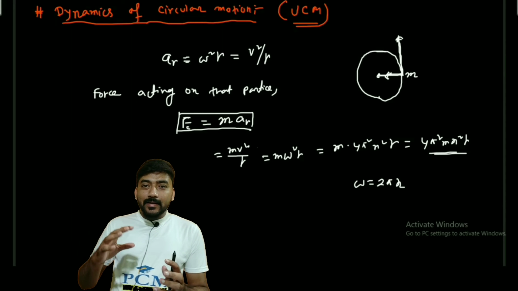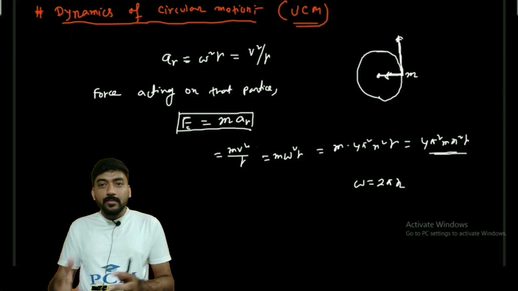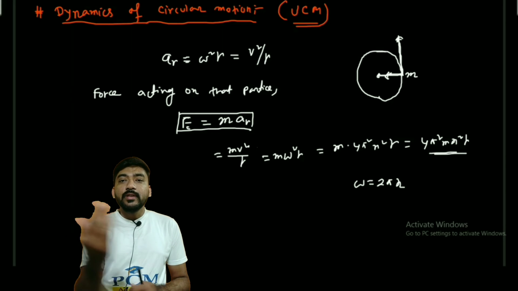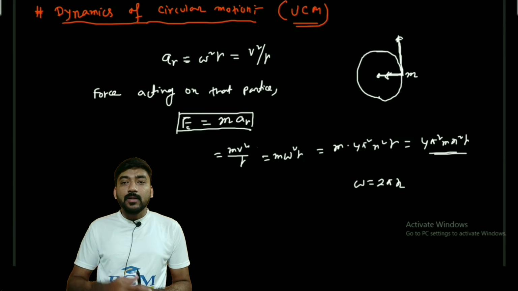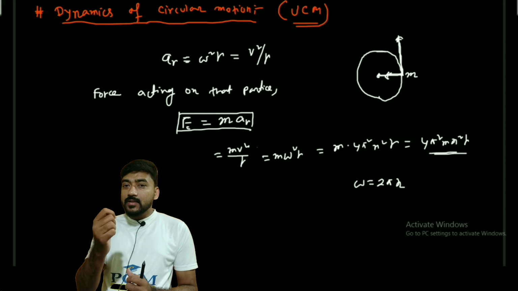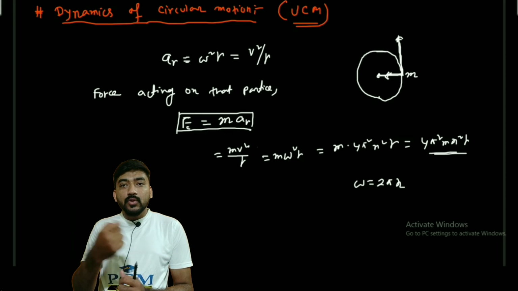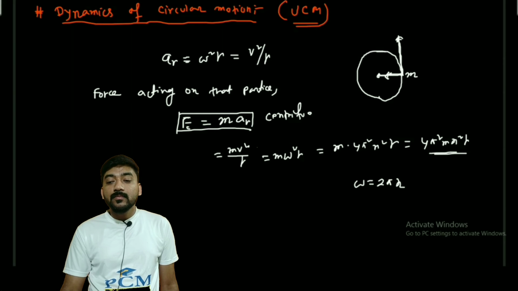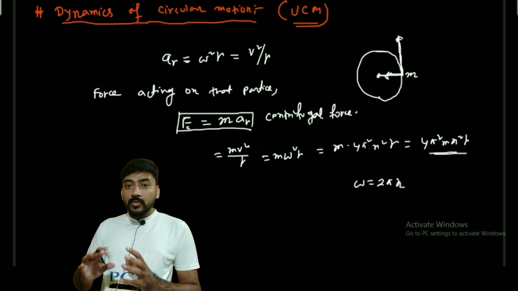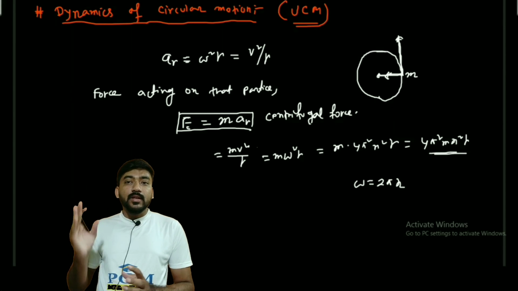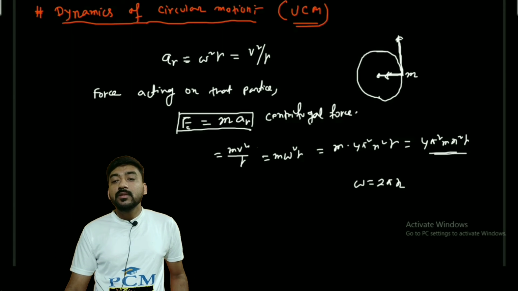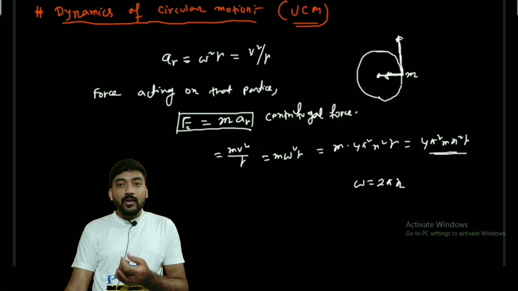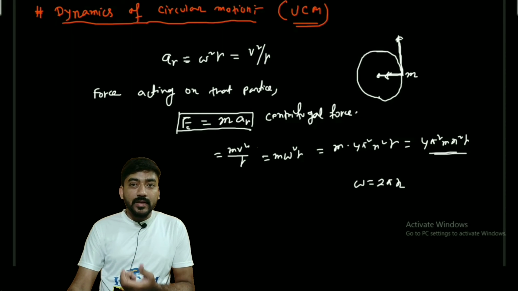So from this experiment you can conclude that the particle always tends to move along the tangent. But what we do is give a tensional force every time towards the center, and that force is nothing but this centripetal force. We force the particle to move along the circle by giving this force towards the center.